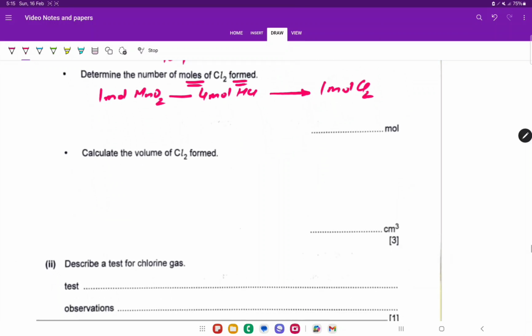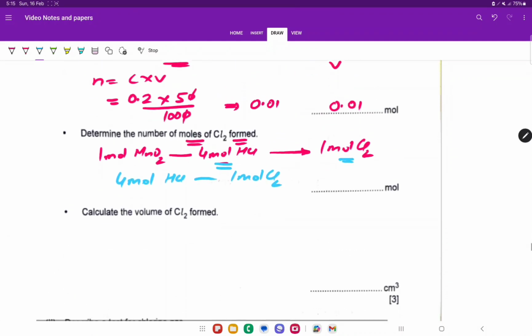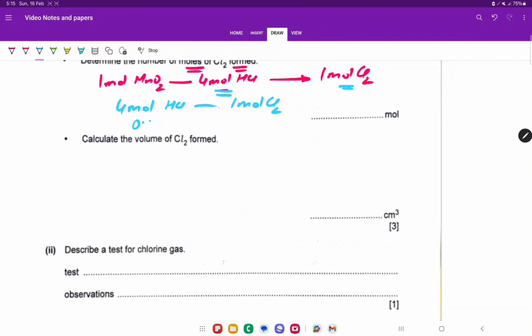It means the ratio between HCl and chlorine, because they are asking chlorine, is 4 mole of HCl gives you 1 mole chlorine. Thus, what moles do I have? I have 0.01. 0.01 will give you how much? 0.01 upon 4. That comes out to be 0.0025 mole is the answer for this question.